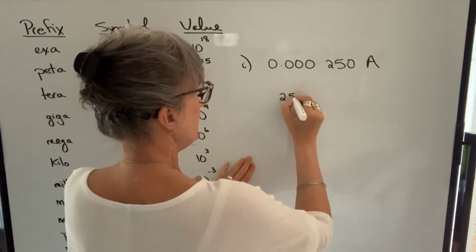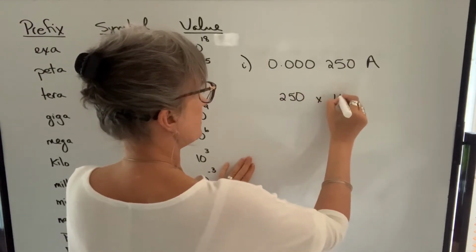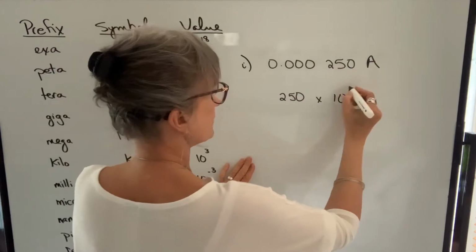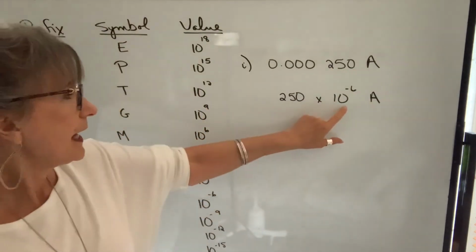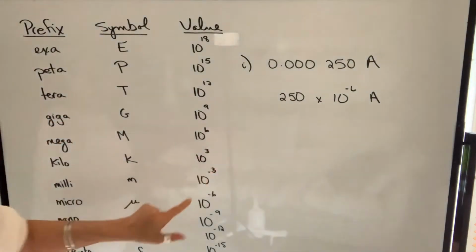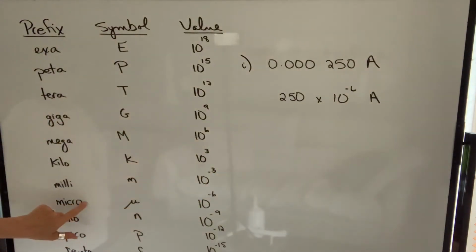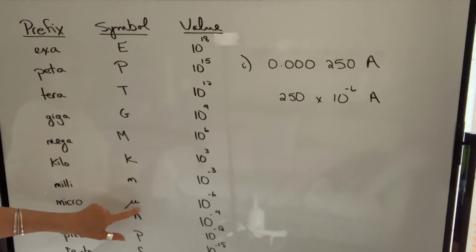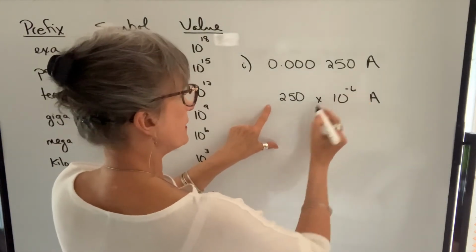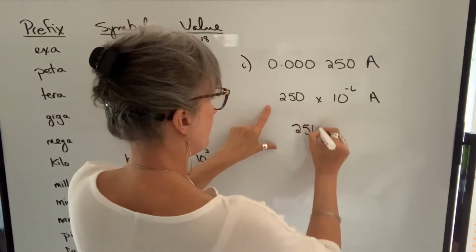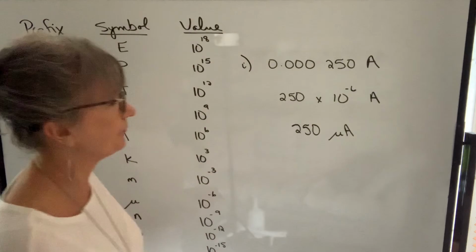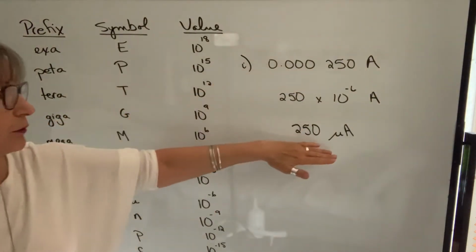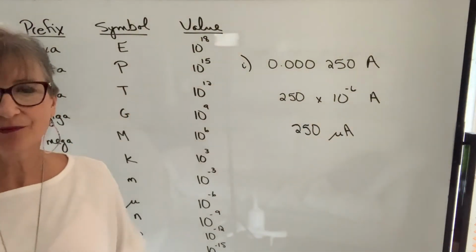We're going to get 250 times 10 to the, I moved it 6 places to the right, so that'll be a -6. And we can take a look at our table. 10 to the -6 is equivalent to a micro, and the symbol for a micro is a Greek letter mu. So instead of writing the 10 to the -6, we can replace that with micro and then put my base unit of amps. So this value would be equal to 250 microamps.